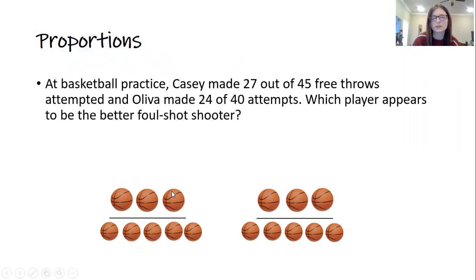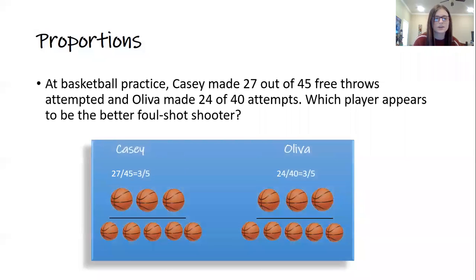So the first thing we are going to do is write down Casey and Olivia's ratio of shots made to shots attempted. So Casey's ratio of shots made to shots attempted is 27 over 45, which can be simplified to 3 over 5. Olivia's ratio is 24 over 40, which can also be simplified to 3 over 5.